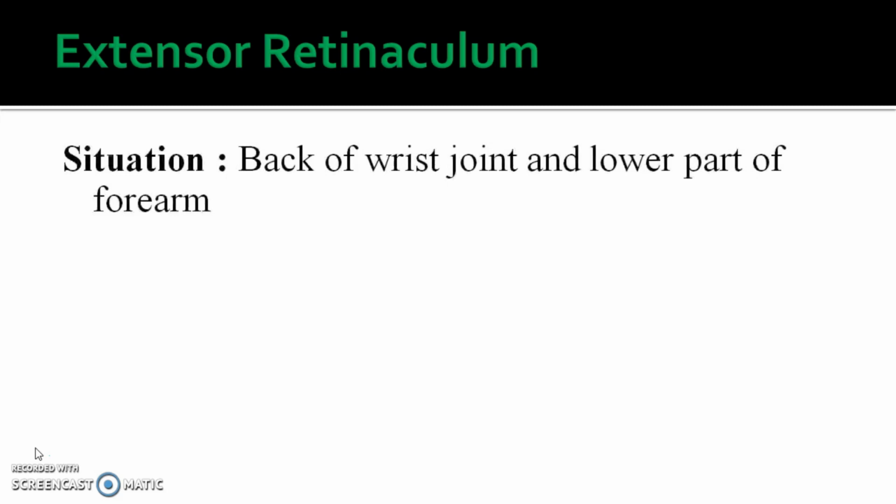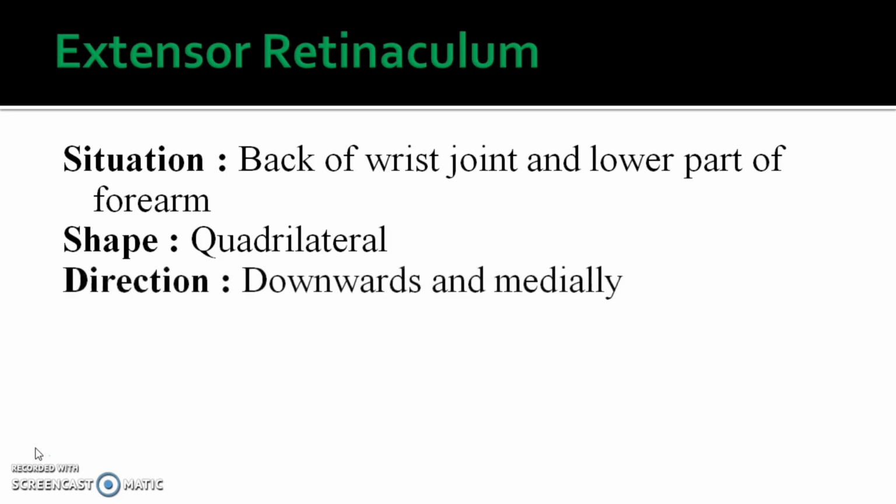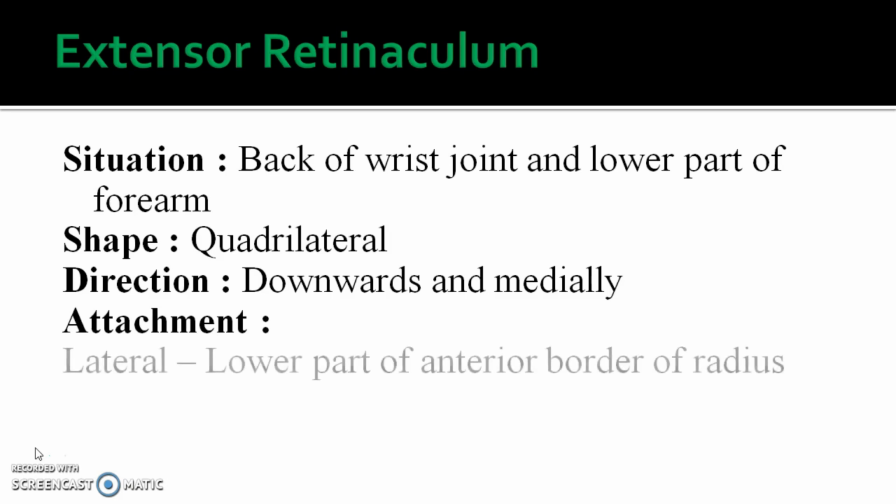It is seen in the back of the wrist joint and in the lower part of the forearm. The extensor retinaculum is quadrilateral in shape, and its direction is downwards and medially placed. Talking about its attachment, we divide it into lateral and medial attachment. The lateral attachment is in the lower part of the anterior border of the radius bone.